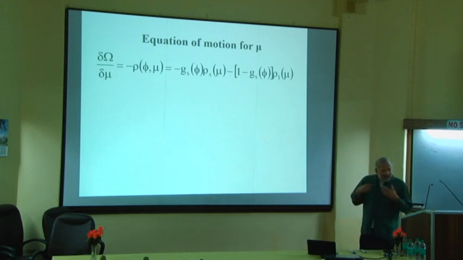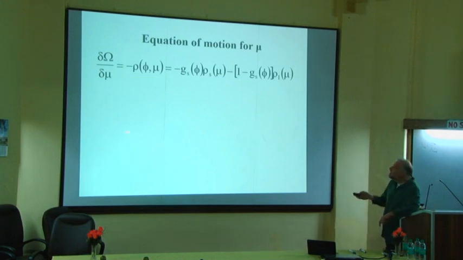But for this, I can exactly follow the same steps as for the temperature yesterday. So first, I take the variational derivative of omega with respect to mu, which will give me the negative of the concentration. And this concentration will actually be an interpolation of the solid concentration and the liquid concentration.